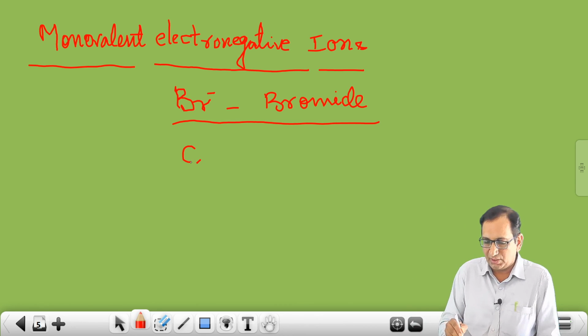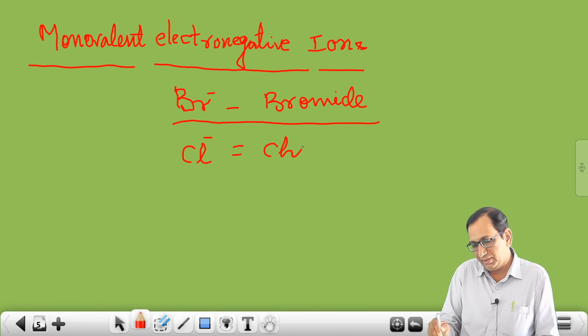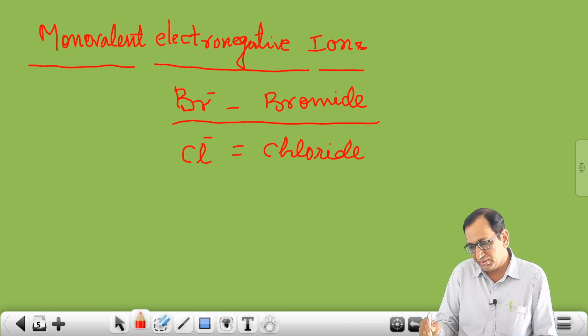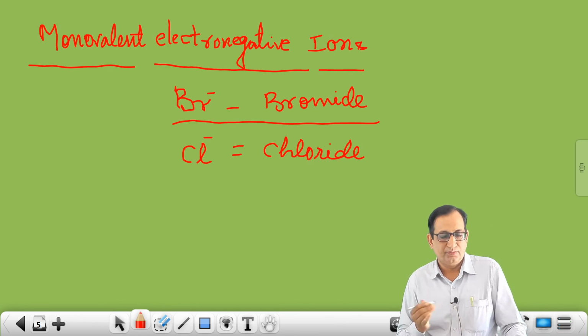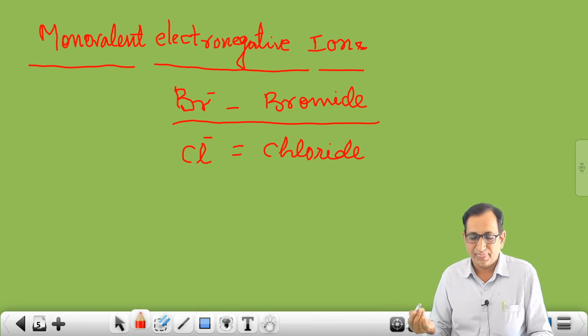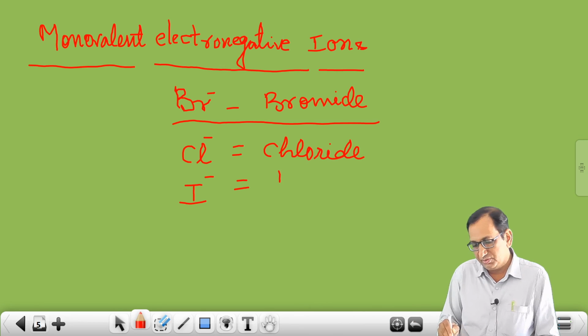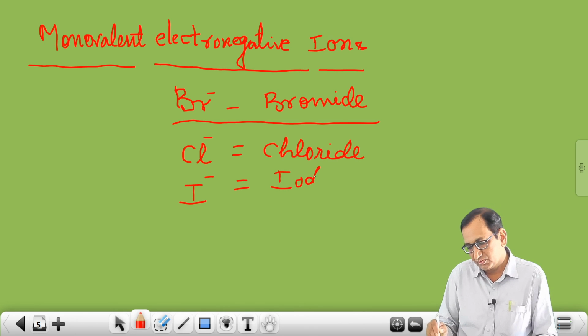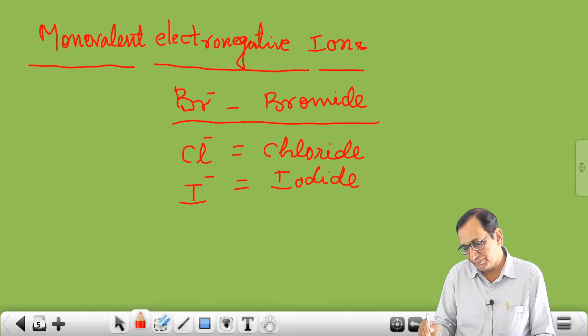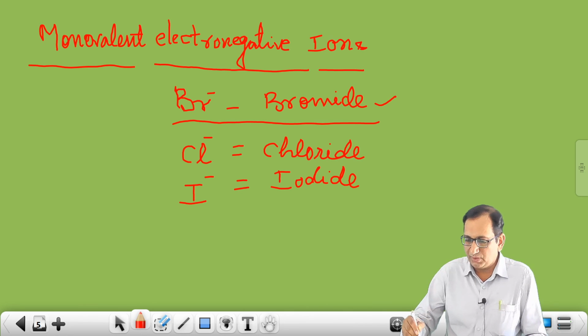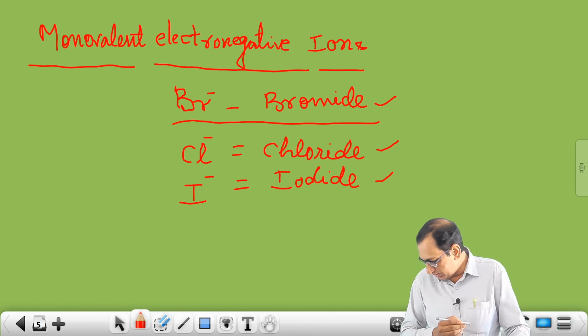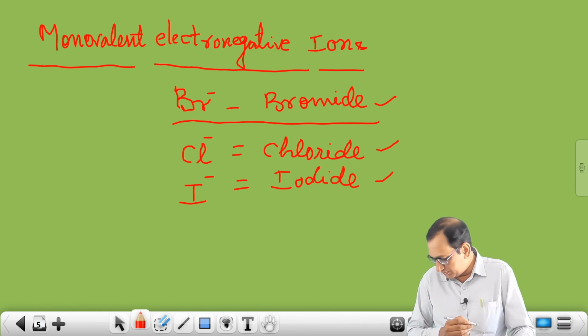After that students, chloride, Cl with a negative charge. So chloride Cl minus means minus one valency is there. After that, I minus with one negative charge, this is for iodide. Okay students, so bromide, chloride, iodide, and next is fluoride.